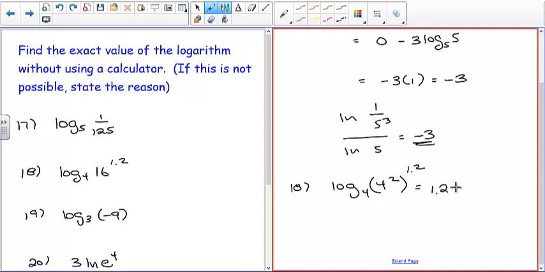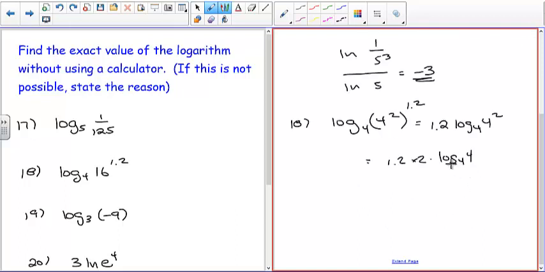So we have 1.2 times the log base 4 of 4 squared, and then you could do it again. So then you have 1.2 times 2 times log base 4 of 4. If you can always get to log base something of the same number, then that's always going to be 1.